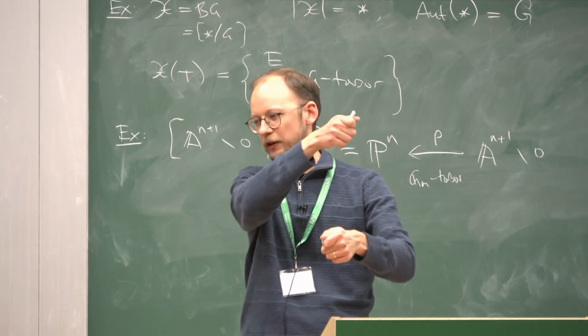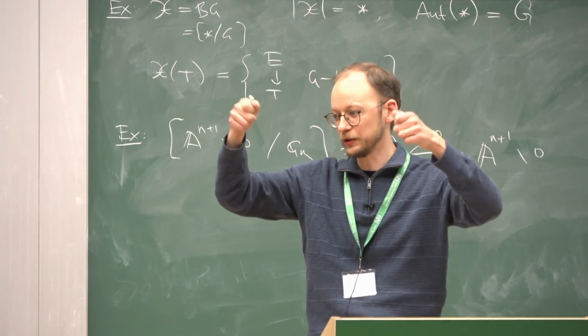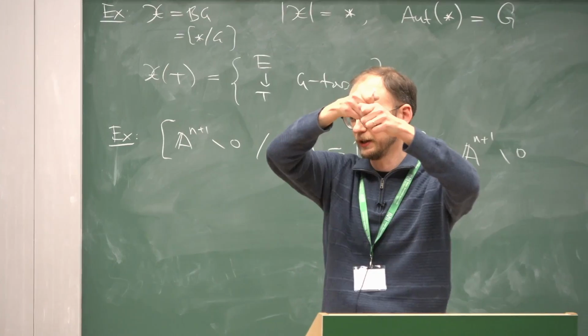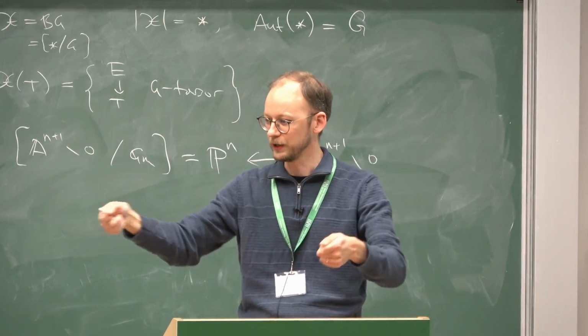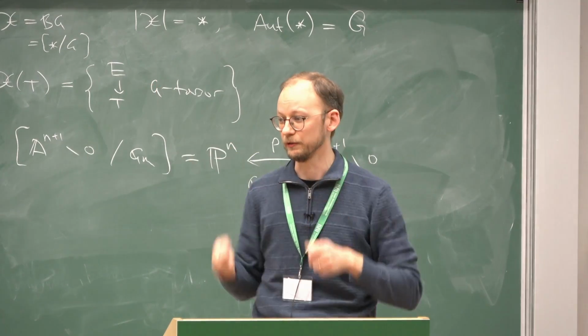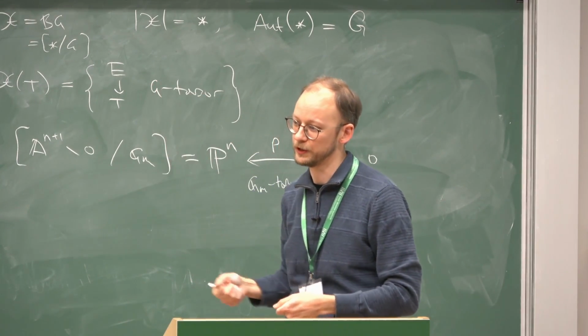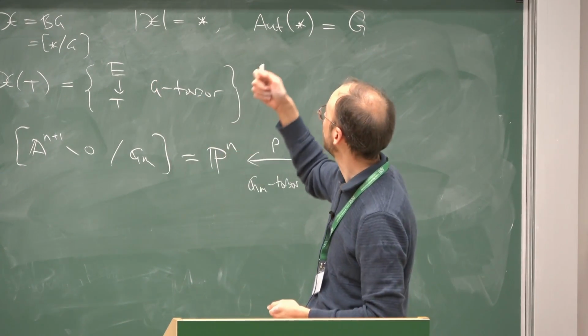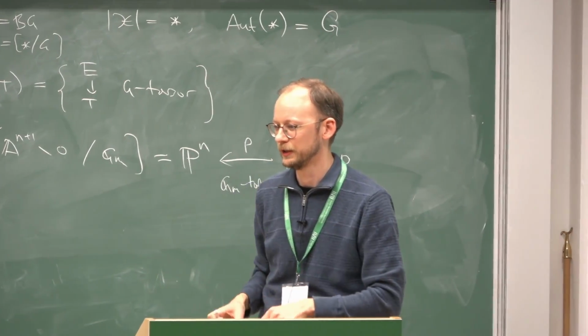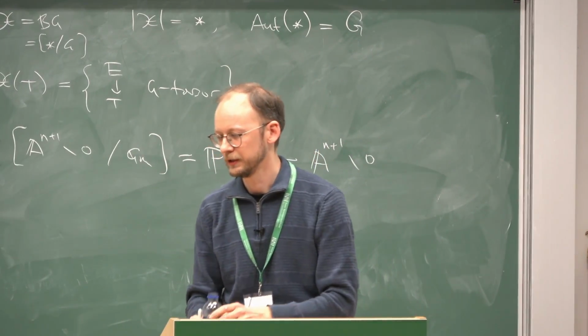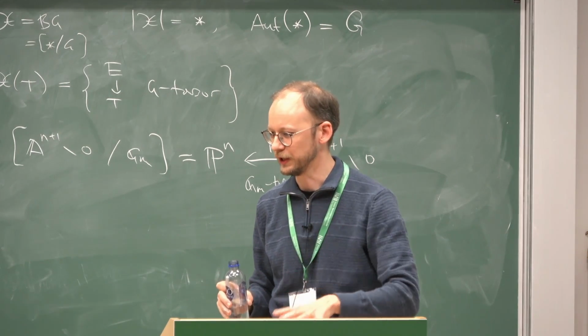If you have the same G acting on both sides and a G-equivariant map, that induces a map on the stacks, but you might have many maps between stacks which do not come from a G-equivariant map of these particular presentations. So when you have picked this G presentation, you're locked into thinking about everything in terms of this G. But from the stacks perspective, you can forget about G, and then you can have more maps.